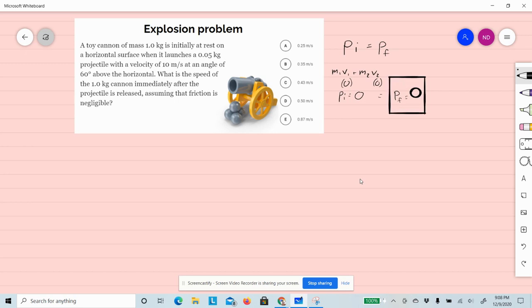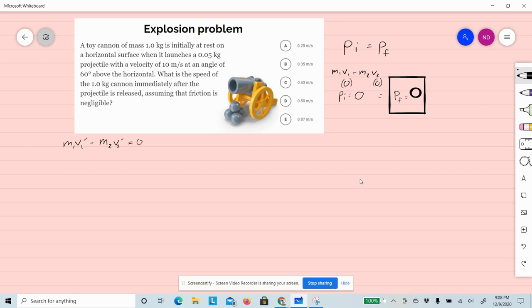So after the explosion, the momentum of the cannon plus the momentum of the cannonball: mass of the cannon, velocity of the cannon, mass of the cannonball, velocity of the cannonball.